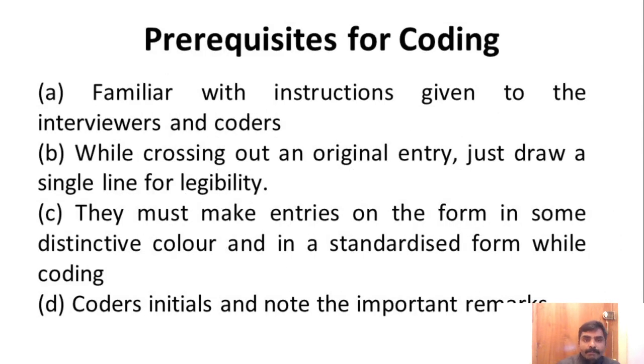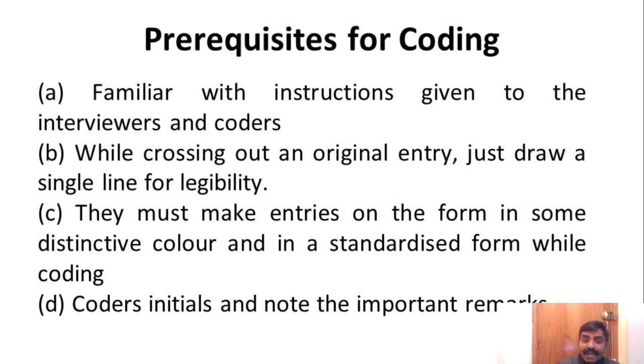Prerequisites for coding. For an effective coding system, be familiar with the instructions given to the interviewers and coders. It is very much required. The instructions they have taken have to be systematically executed while coding. Then, while crossing out an original entry, just draw a single line for legibility.